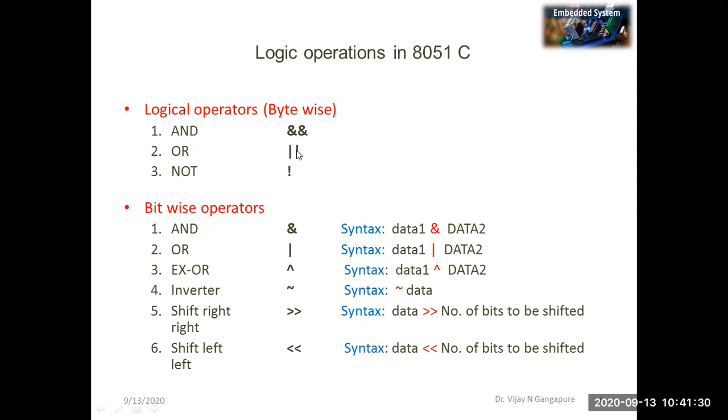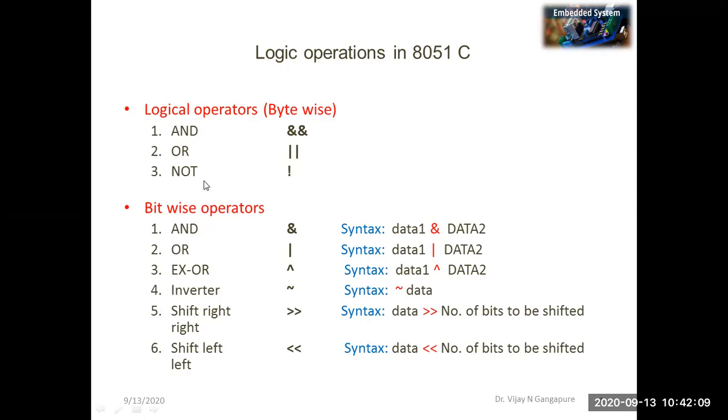For the AND and OR byte-wise logical operations, we require two operands, that is 2 bytes, and for the third operator, the NOT operator, we require only one operand, that is 1 byte. That byte could consist of a non-zero value or a zero value. If it is non-zero, it represents true; if it is zero, it represents false. If we operate the NOT operator on such data, and the byte is non-zero, meaning true, it becomes false.